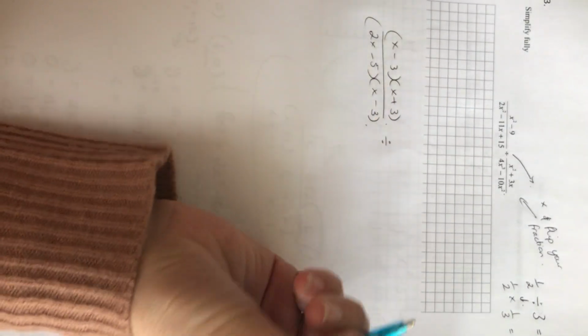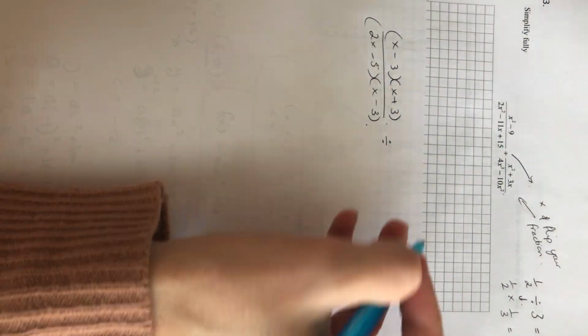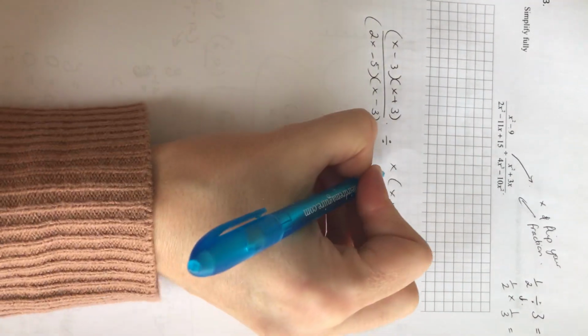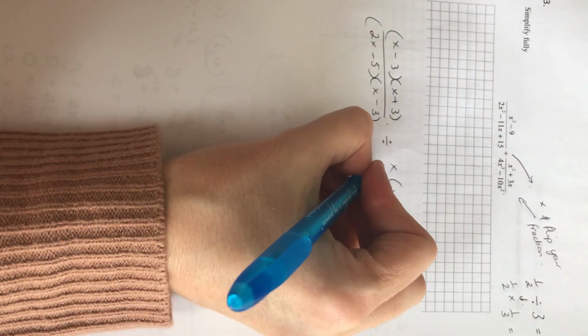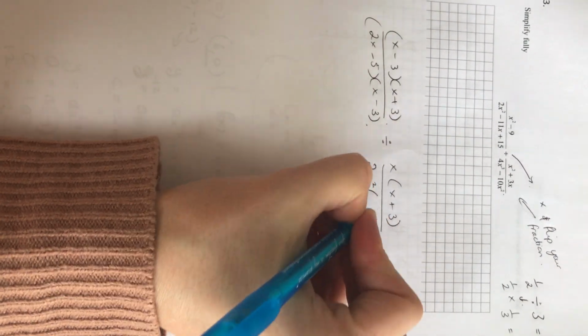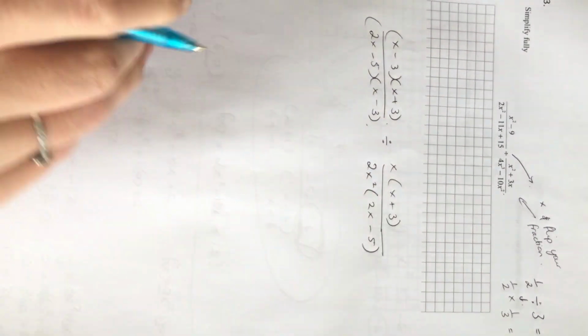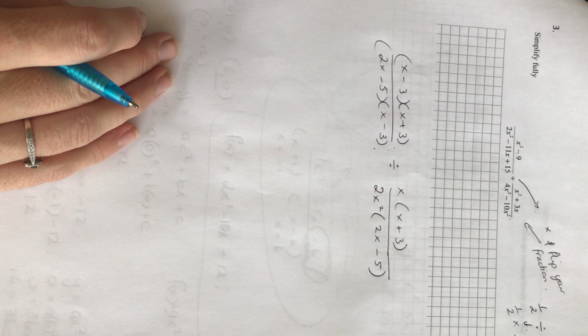Divided by, well, I'm going to just do my factorizing first. x plus 3, and then the common factor here is 2x squared and 2x minus 5.